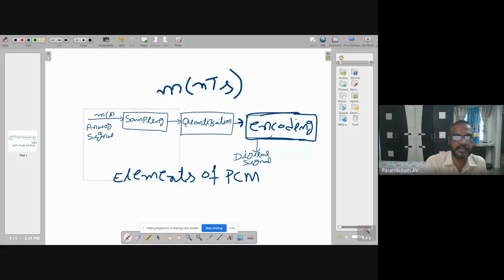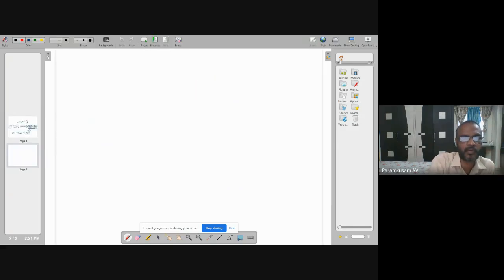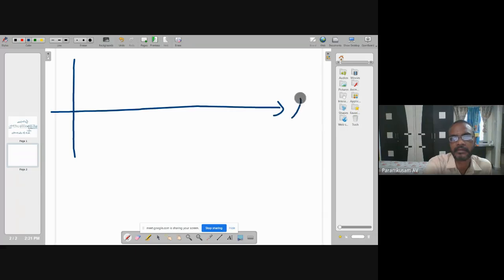Now let us see a sampling process. What is sampling? For example, I give an analog signal m of t, like this.